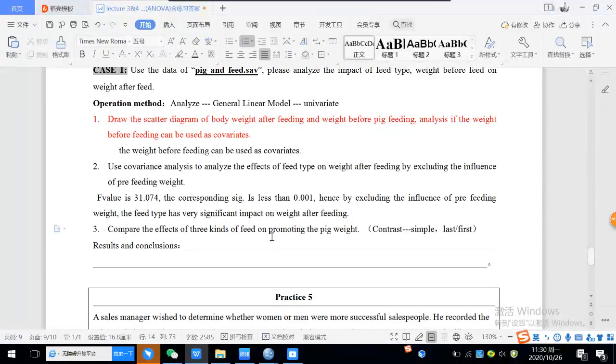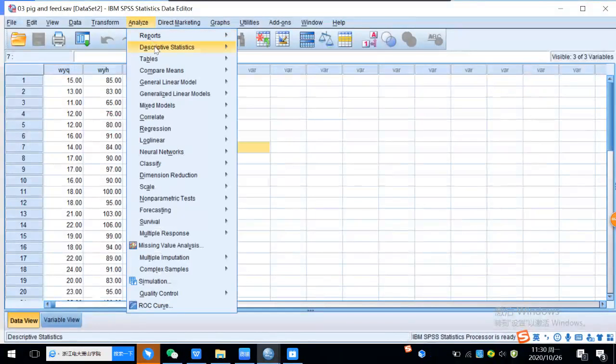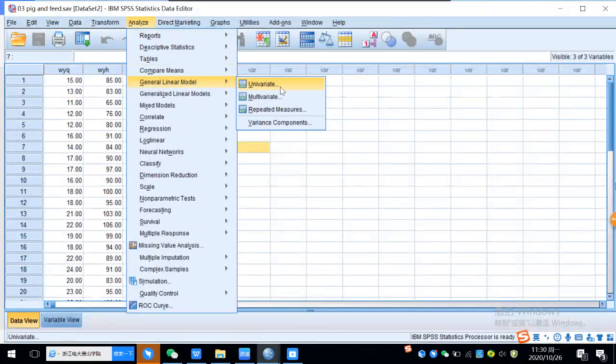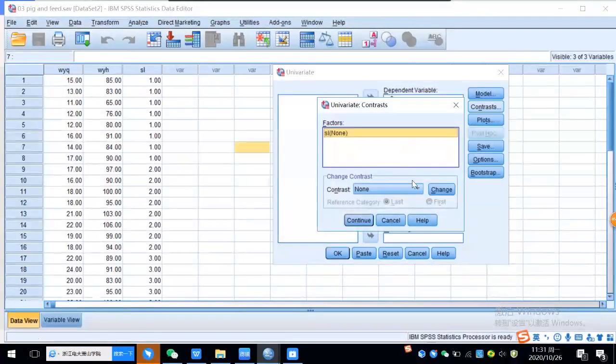Here you can use the contrast, simple. So here we will continue. Contrast, yes, you can use simple. Firstly, the default reference category is last. We can keep it. Change, simple. Okay, continue.